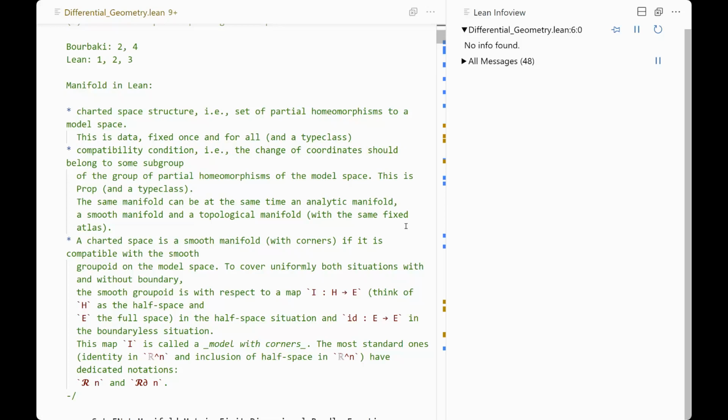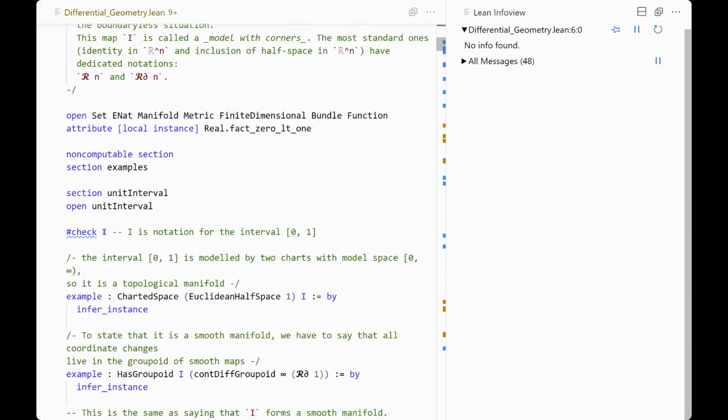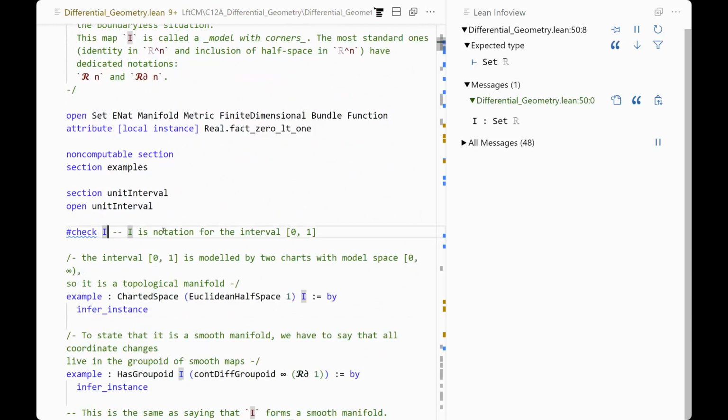And so we have a lot of flexibility to use in a very wide range of areas, and it will be useful to have a generic way to work with manifolds. So let's look at a couple examples. So here I'm going to talk about the unit interval as a manifold. Here I is just notation for the unit interval [0, 1] in R.